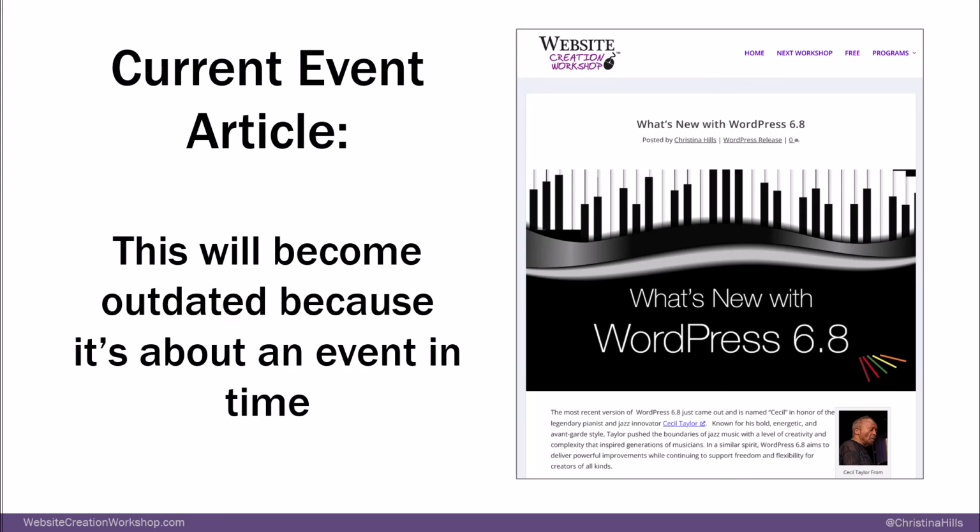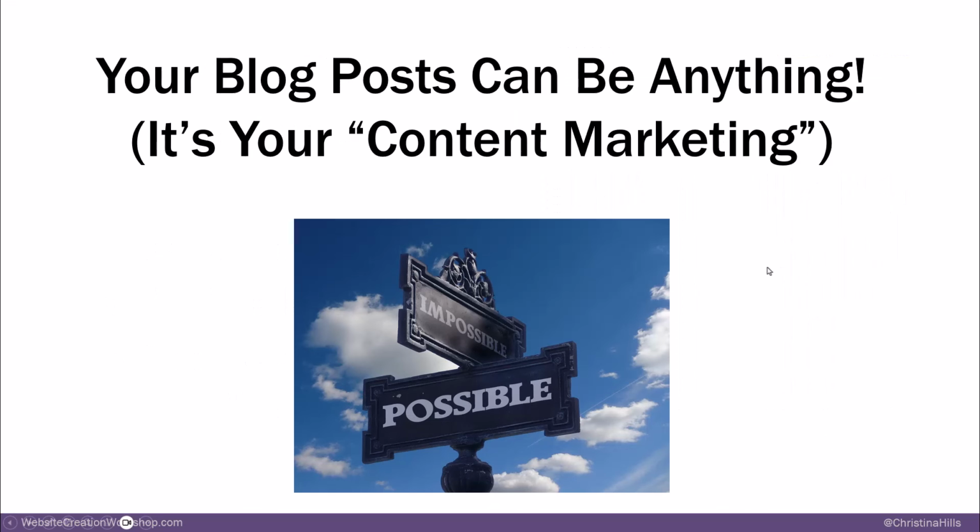And the Super Bowl and the Academy Awards happen every year, but when it's the middle of the summer, people aren't thinking about that. Anyway, so when WordPress comes up with new versions, I always do an article about what's new in the latest version. And for those of you who don't know, this is sort of fun. I'm a jazz music aficionado. They name all their versions after a jazz musician.